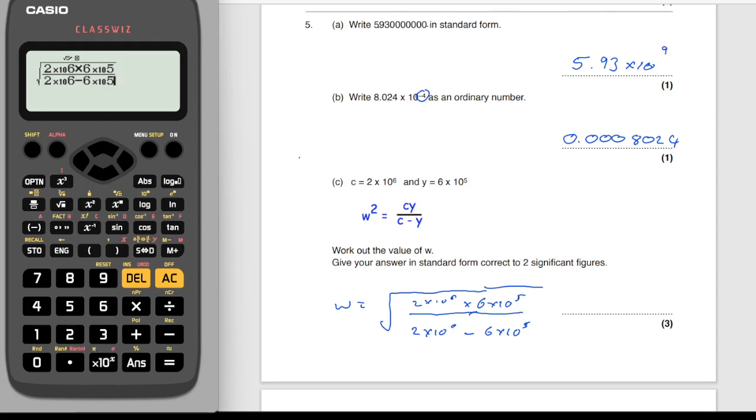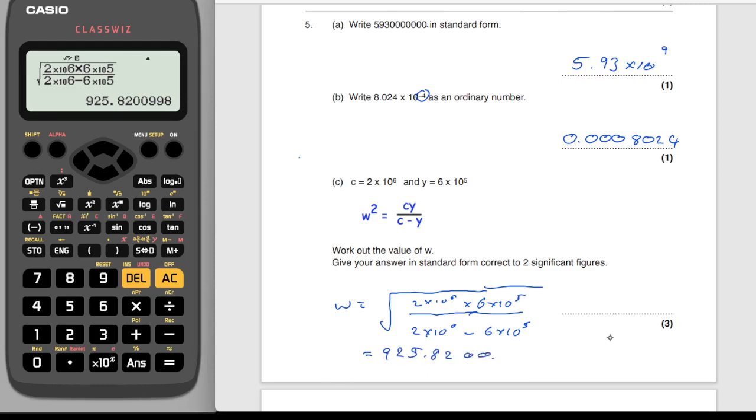Provided I've typed that in correctly, I can get the full marks just for that. So I'm looking at 925.8200. To 2 significant figures, that's going to be 9.3 times 10 to the 2. Anyone spot any mistake that I've made? Feel free to let me know.